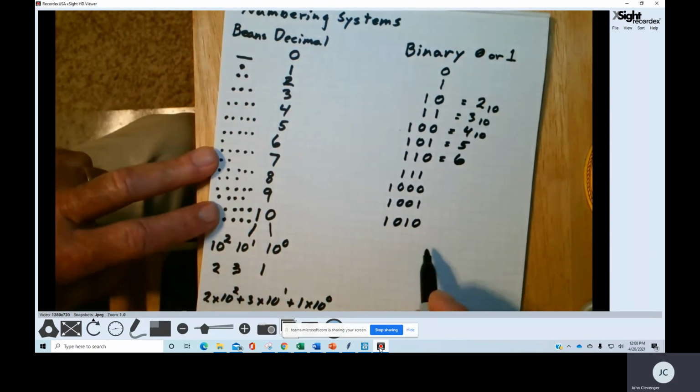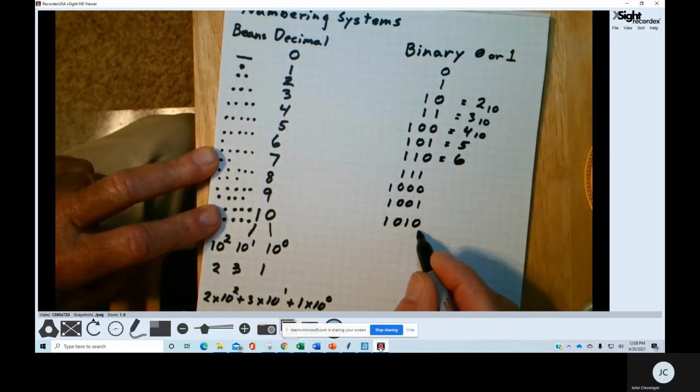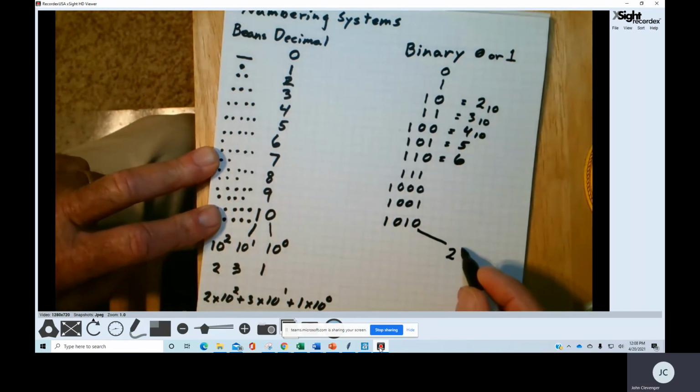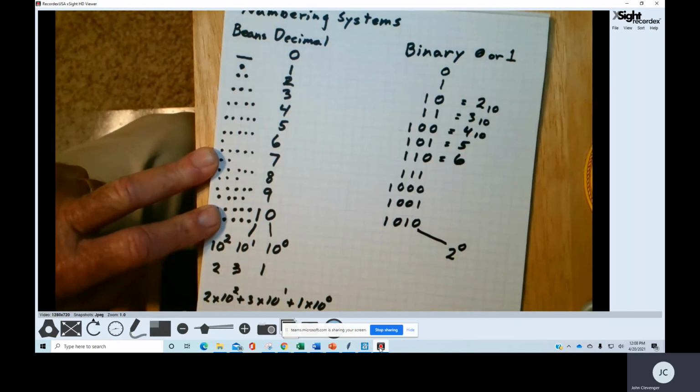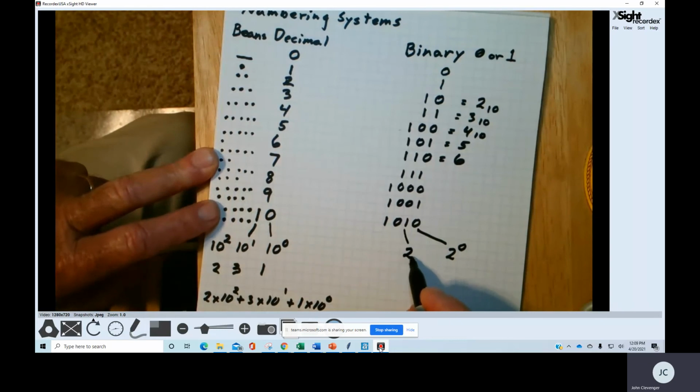So if we look at this binary numbering system, every 1 in this column is worth 2 to the 0 power, or 1. Every 1 in this column is worth 2 to the first power. Every 1 here is worth 2 to the second power.